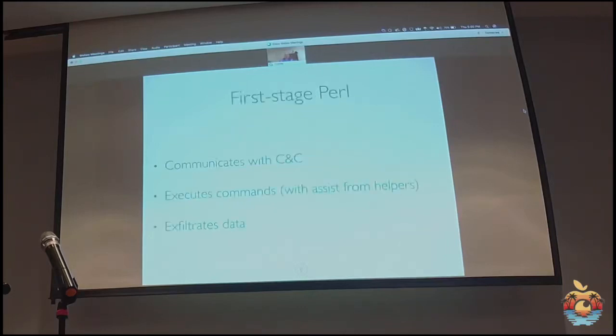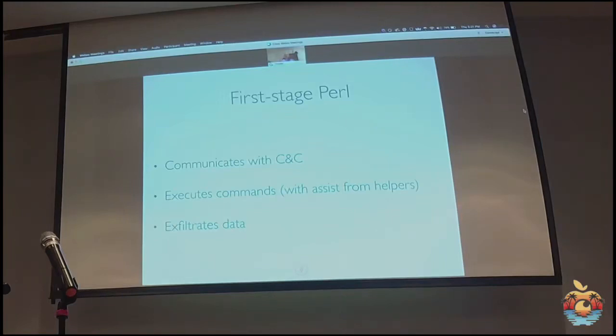So the main first stage Perl script, the main task that it did was communicating with the command and control server and executing some commands with the assistance, in some cases, of these helpers. These helpers would be extracted and run under certain conditions when certain commands were received.